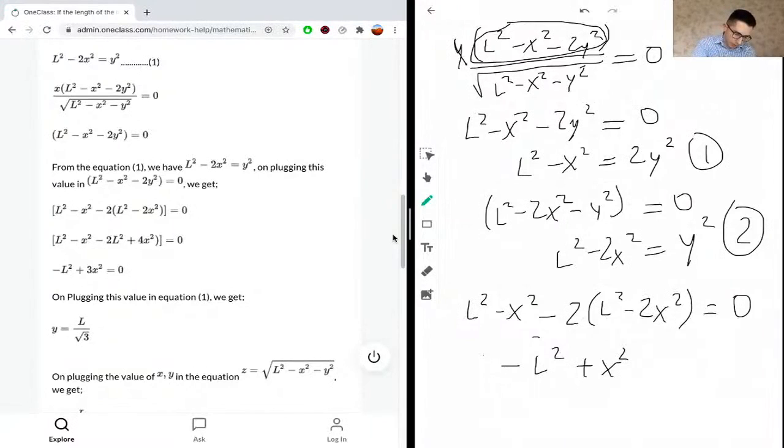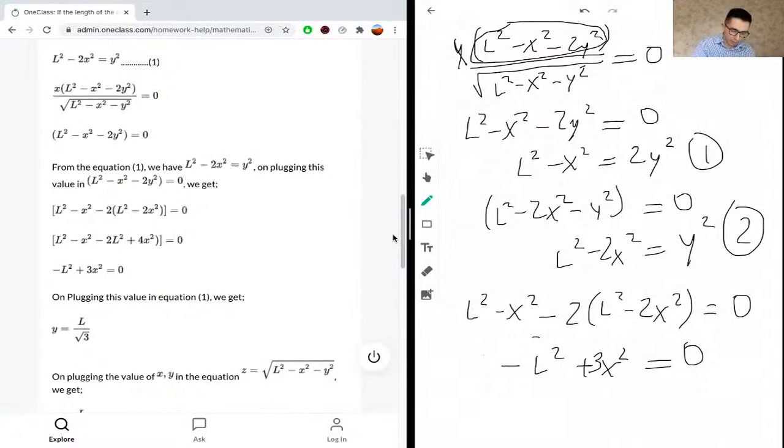Oh, so actually that would be 4, positive 4x squared plus negative x squared, so that would be 3x squared equals 0.